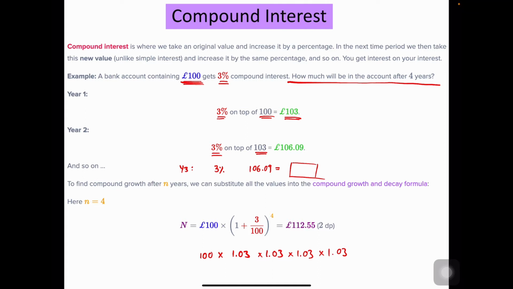So of course the shorter way of doing this is writing 100 multiplied by 1.03 to the power of the number of years you want to work out how much money is in your account after. So of course that's reflected in this.